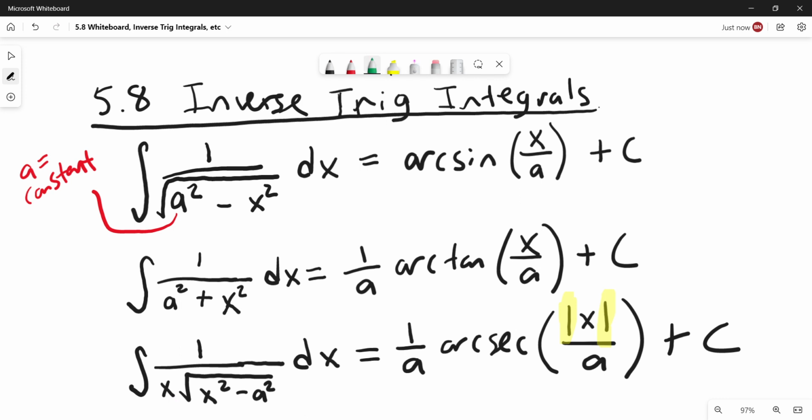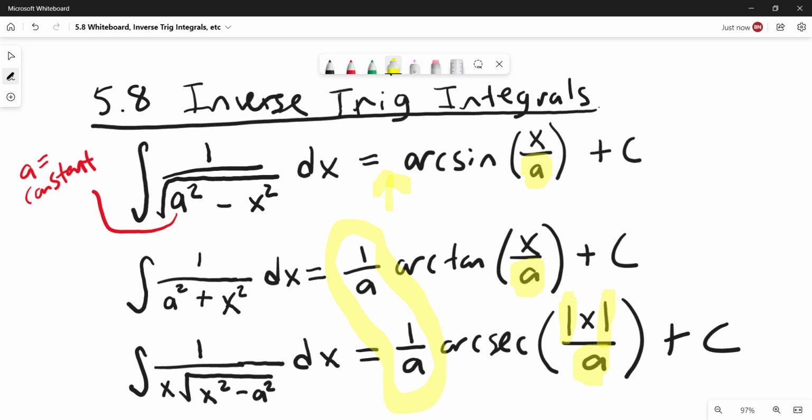Other things: notice these have this, but this does not. There's not that in front of the arcsine. They all are divided by a. Now notice that's a, not a squared. So these are all divided by a.